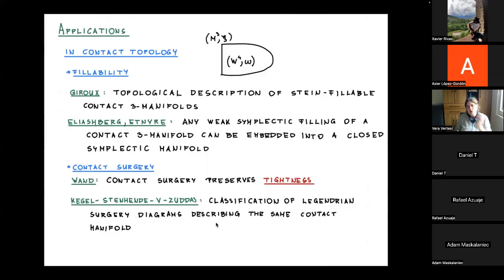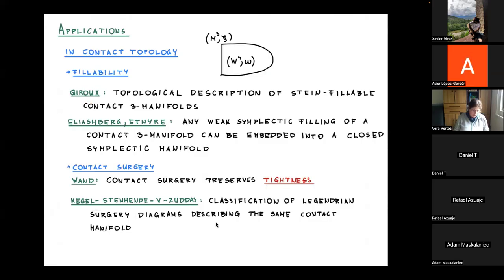So once you have open book decomposition, there are a lot of theorems you can prove using this nice connection between open books and contact structures. Giroux gave a description of Stein fillable contact three-manifolds. It's a very combinatorial description.